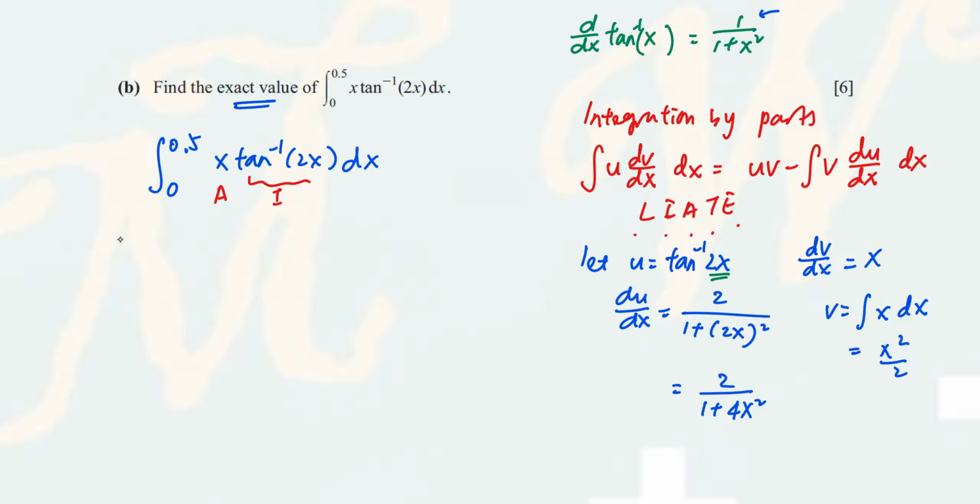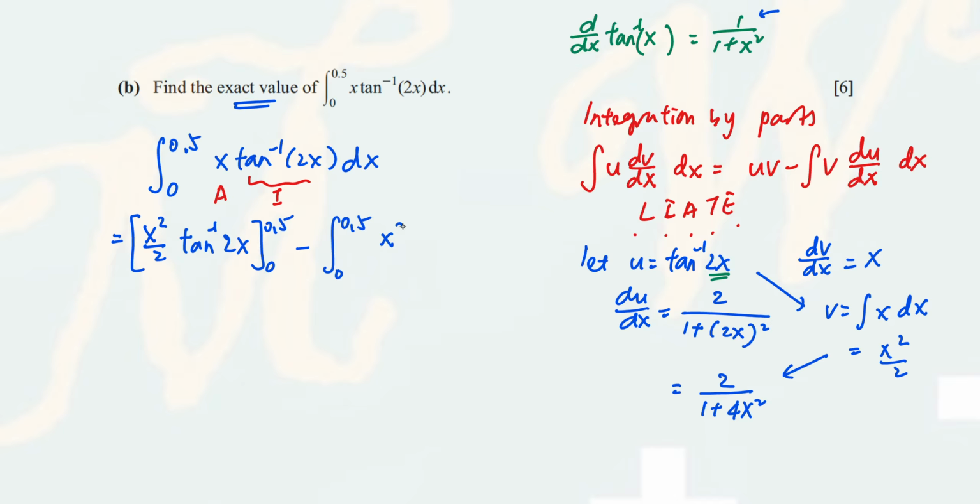So now, this is going to be uv, according to by parts. So I will write x squared over 2 arctangent of 2x with limits 0 to 0.5, minus the integral of v du. So here you multiply, and solve the first part by replacing the limits.